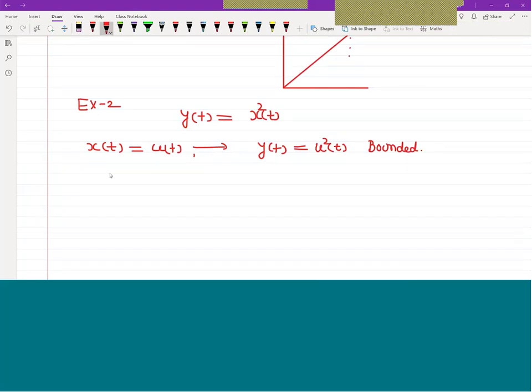You can take any example: x of t equal to sin theta will always produce a bounded output. That's why this is a bounded input, bounded output relationship, and a bounded input, bounded output pair is always a stable pair.